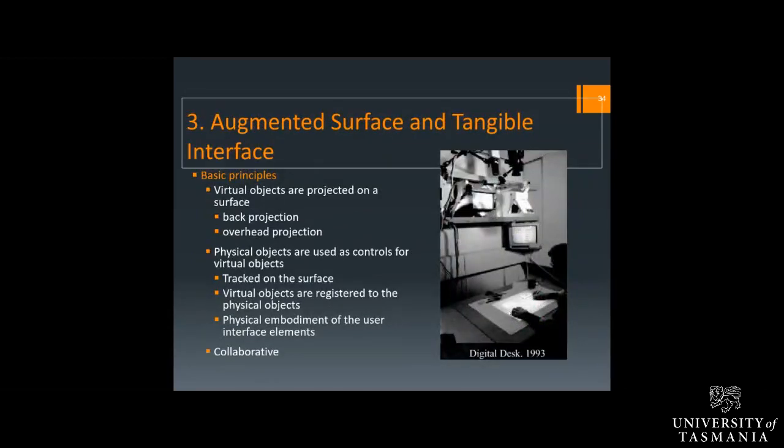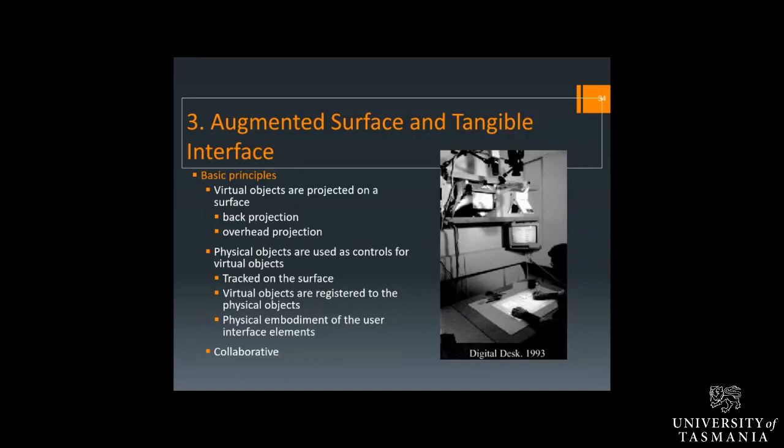So this one, the third type, is augmented surface and tangible interface. The basic principle is what happens if the surface can be augmented and you can interact with the surface. This one requires a lot of augmentation using a projector, and then how would they interact with you?